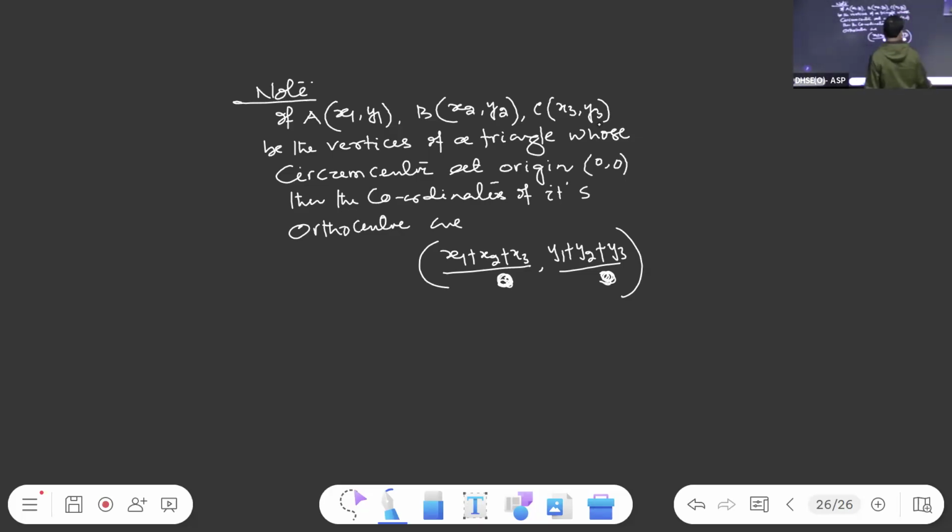Okay, come to prove this. Vertices x1, y1, x2, y2, x3, y3.